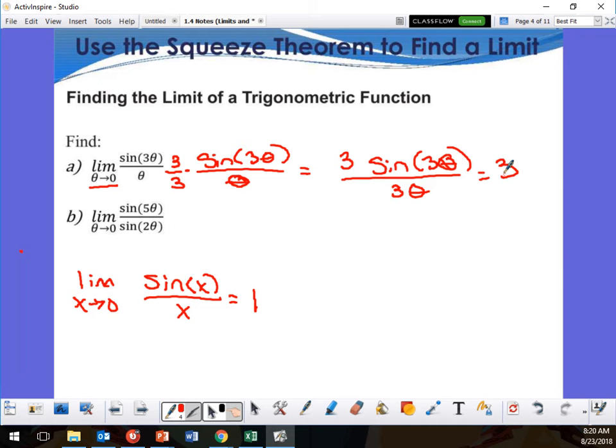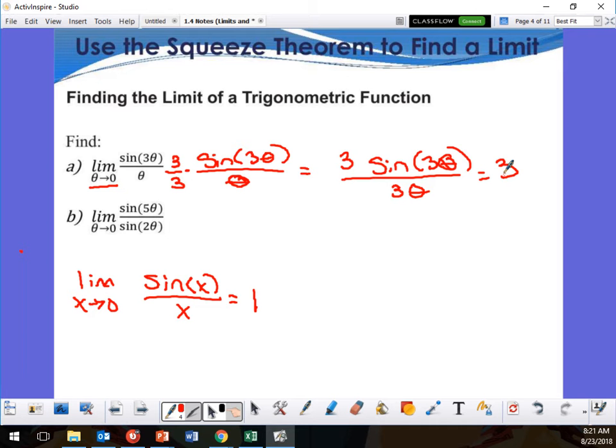Okay, we got to do some trickiness here. So now if we're doing some trickiness here, I know a couple things. Would I be able to take care of the top part here? I know I could take care of the top part, right? Because I know sine x over x. So what would I multiply just to take care of the top?